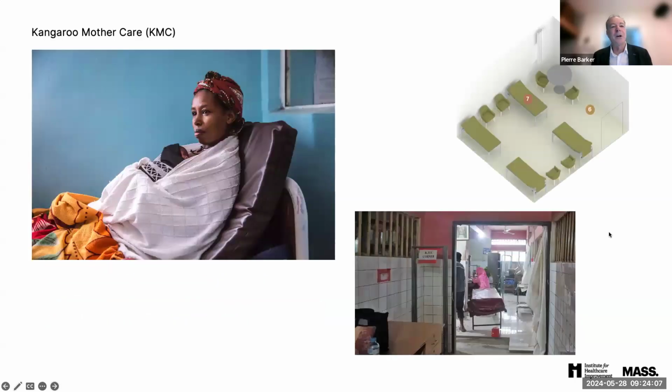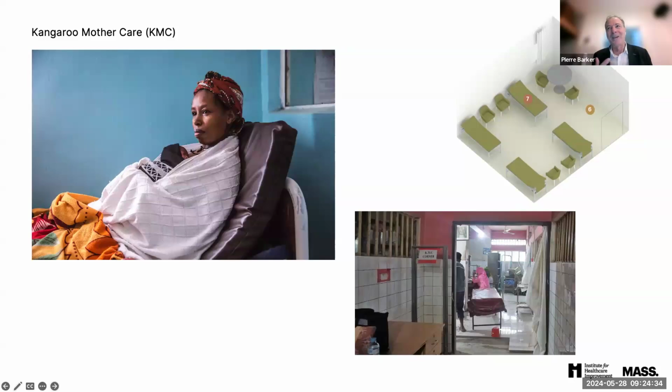The first one I'm going to start with is kangaroo mother care. Now, I'm sure most of you are very familiar with this concept of keeping mother and baby together from the time of birth for the first critical period, which, extraordinarily, if done well, has been shown to decrease mortality of small newborns by about 40%.